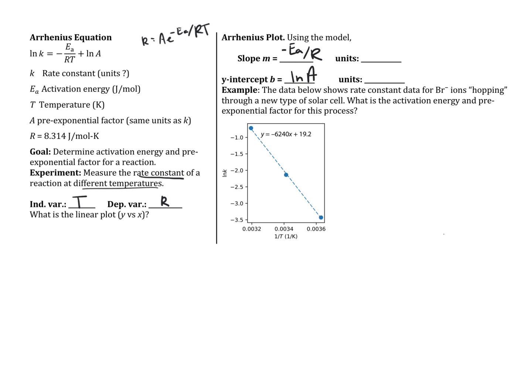One thing you may have not realized or remembered is that if I take ln of k, that is going to be unitless. Just like absorbance was unitless in lab, ln of k, whatever the units of k are, once I take the natural log of it, ends up unitless.